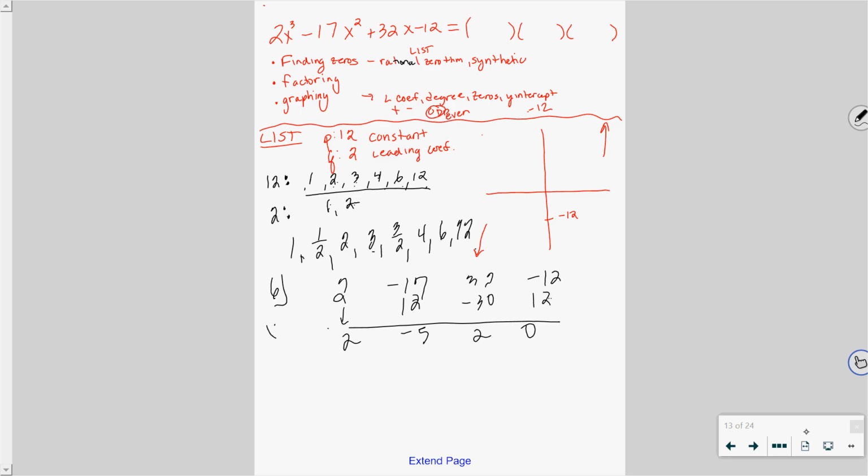So this x equaling 6, this is the 0. So I can go on my graph and I can put a 6 that it hits there. I can then take this 6, bring it to the other side. And x minus 6 is a factor.